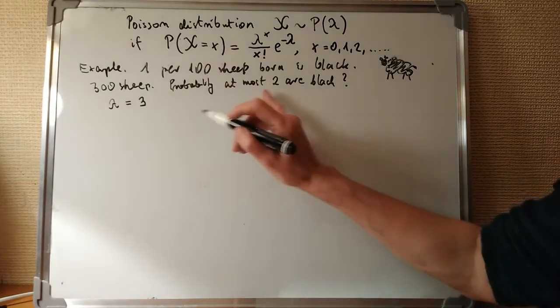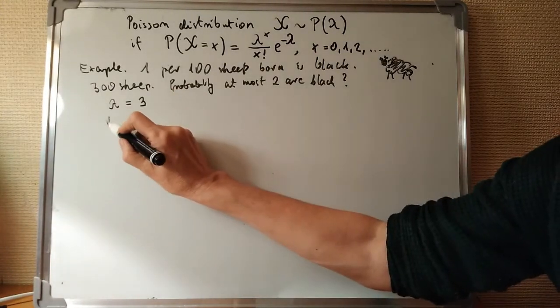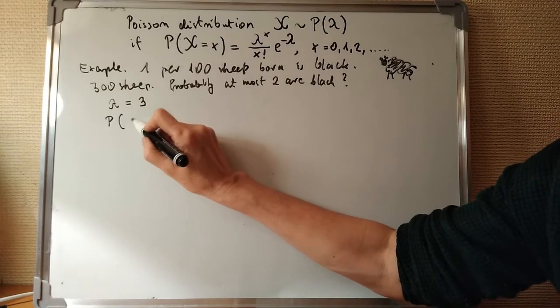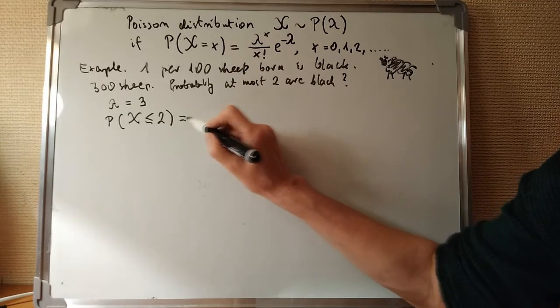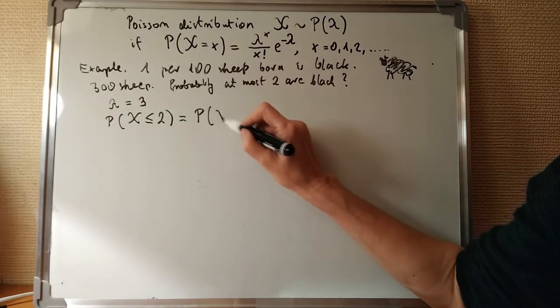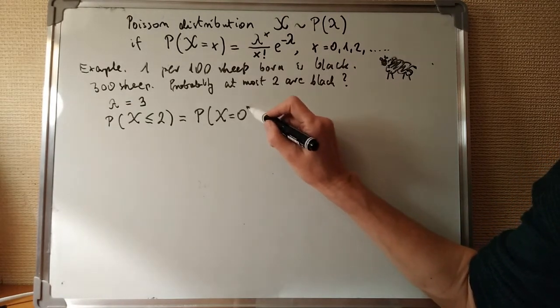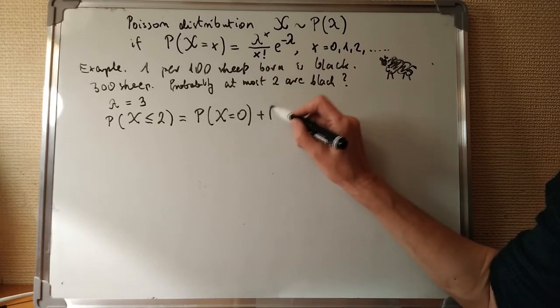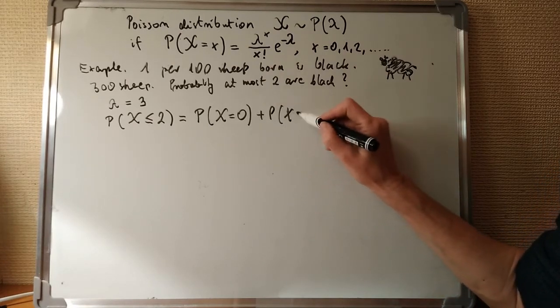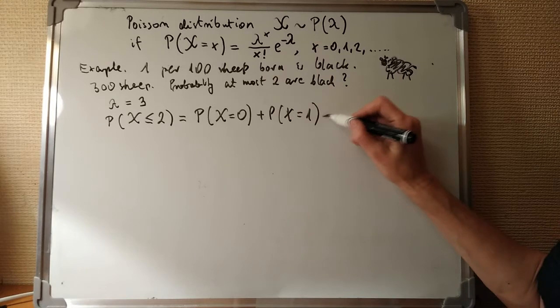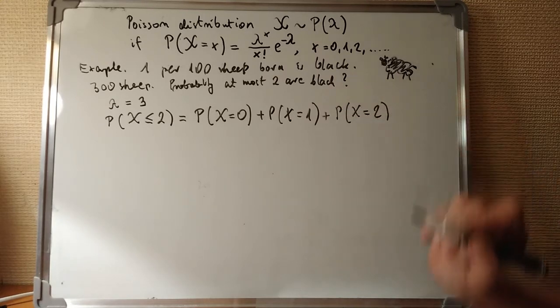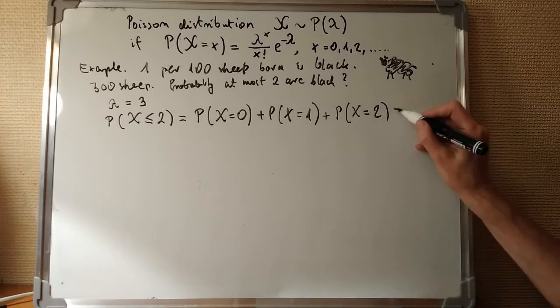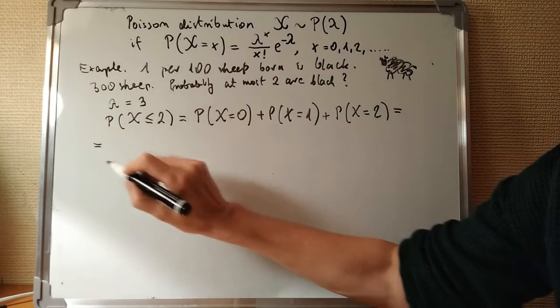How do we find this probability? The probability that X is not bigger than 2 equals the probability X is equal to 0, so no black sheep, plus the probability X equals 1 black sheep, plus the probability X equals 2. So let's calculate it.